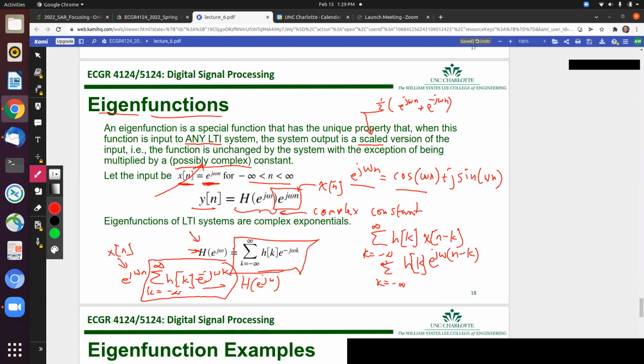Is that okay? No one has a problem with that, because if I write down e to the minus j omega n, I get cosine of omega n minus j sine of omega n. And then if I sum vertically, I get 2 cosine of omega n, the sines cancel. That's why I have the one half out in front. This is a different way of writing cosine of omega n.